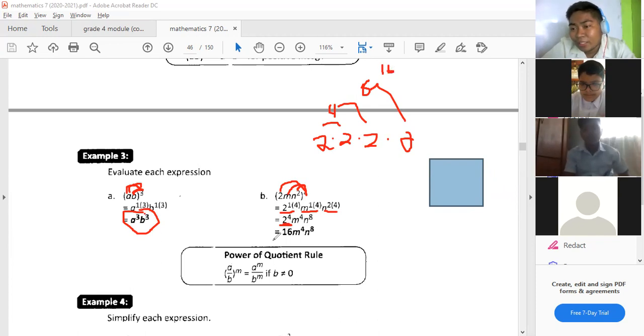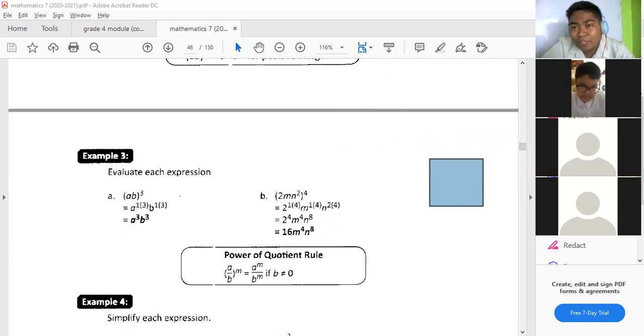Kaya naging sagot natin dito, 16, M4, N8. Nakuha? So, hindi dapat may matirang exponent si number. Okay lang na magkaroon ng exponent si variable, basta wag lang si number. Gets?